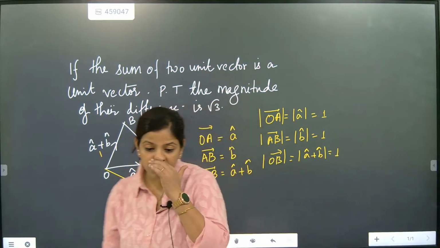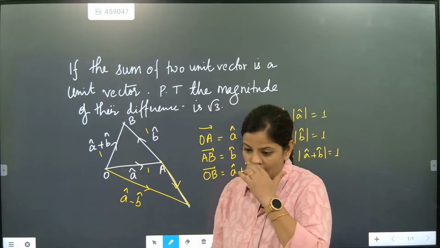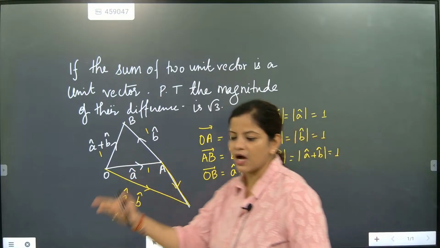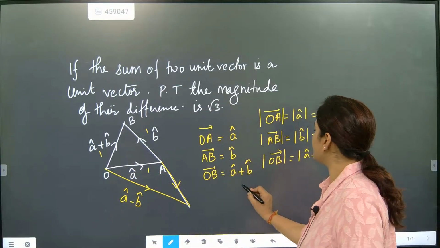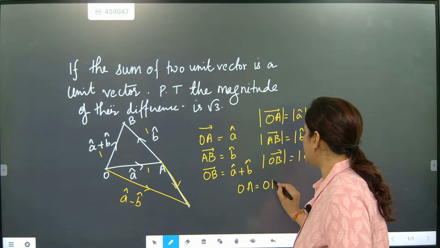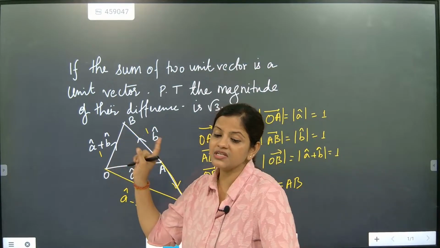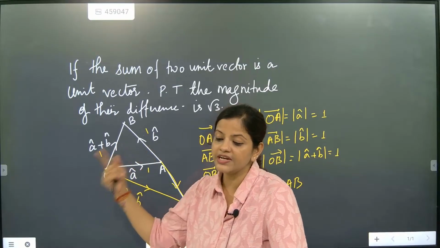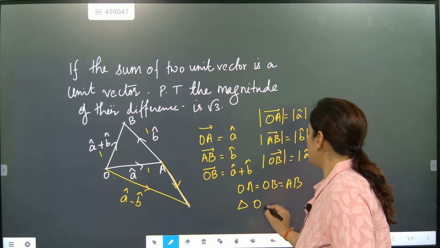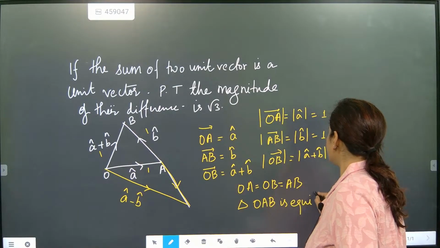If all the 3 sides are equal, writing out the magnitudes, OA is equal to OB is equal to AB. When all the 3 sides are equal, the triangle is considered an equilateral triangle. So triangle OAB is an equilateral triangle.